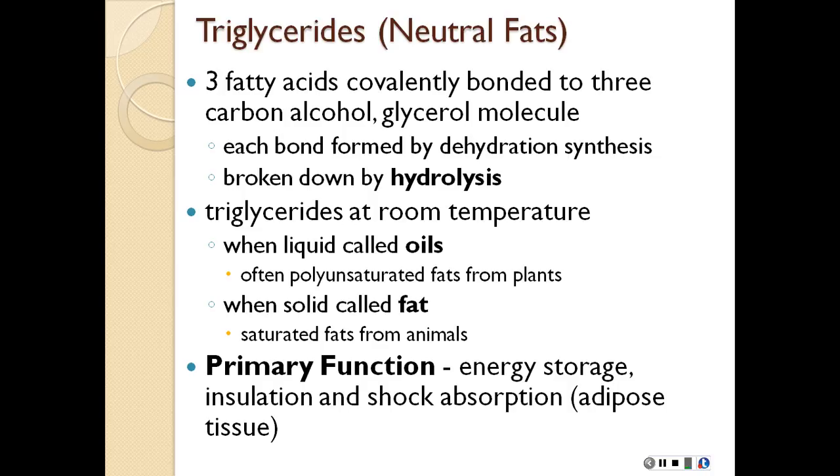So when you eat different types of foods, some lipids are better than others, right? Vegetable oil, for example, is better than lard, because lard comes from animals, animal fat, which is saturated.